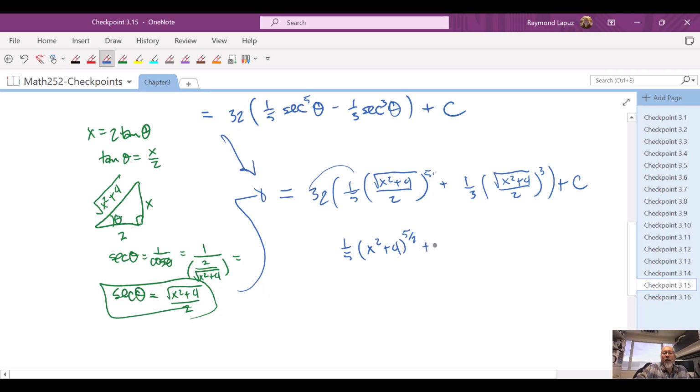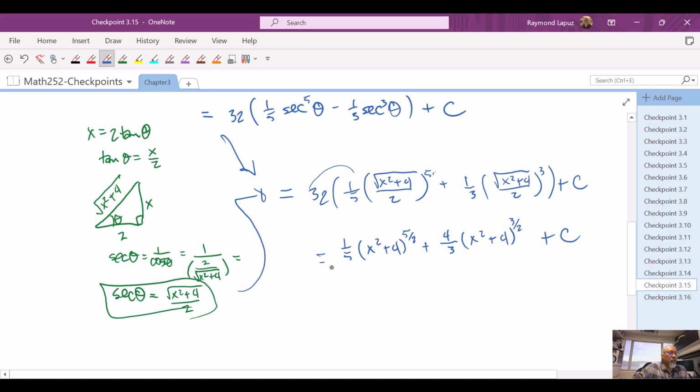And I have a 3 in the denominator that won't cancel with anything, and I have 2 times 2 is 4 times 2 is 8, and then we have a 32 here, so 8 goes into 32 4 times, and that will leave a 4 in the numerator. And then I'll have x squared plus 4 to the 3/2 power plus c.